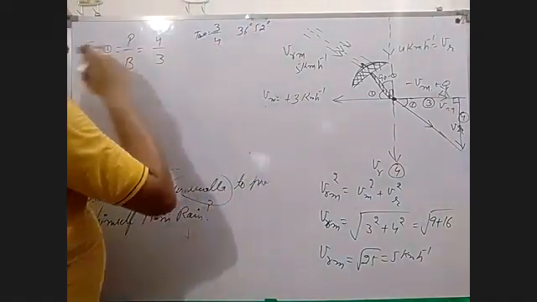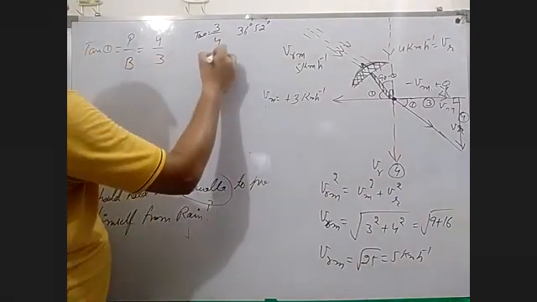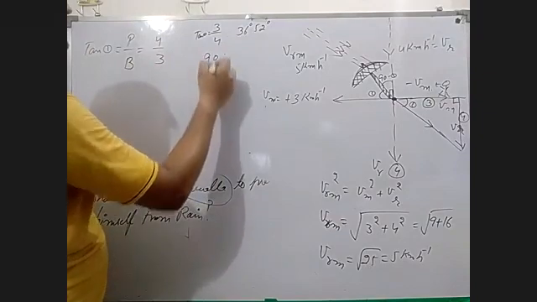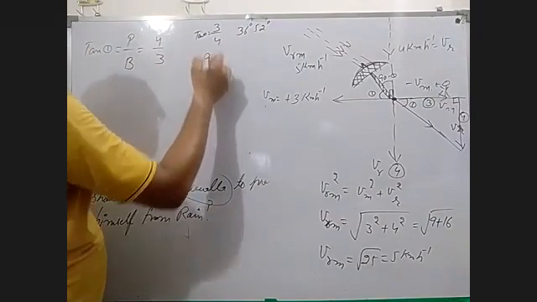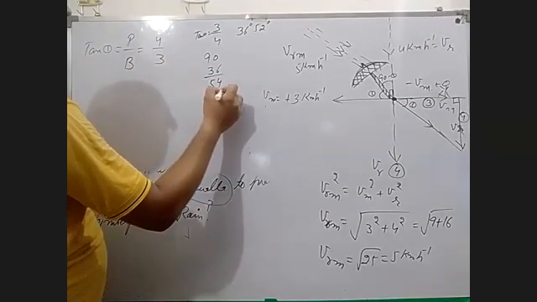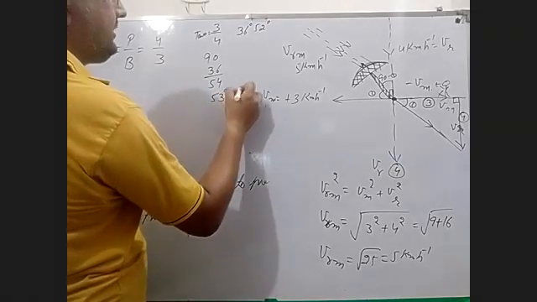If 4 by 3 is this, it means 90 minus this. 90 minus 36 degrees 52 minutes gives 53 degrees 8 minutes.